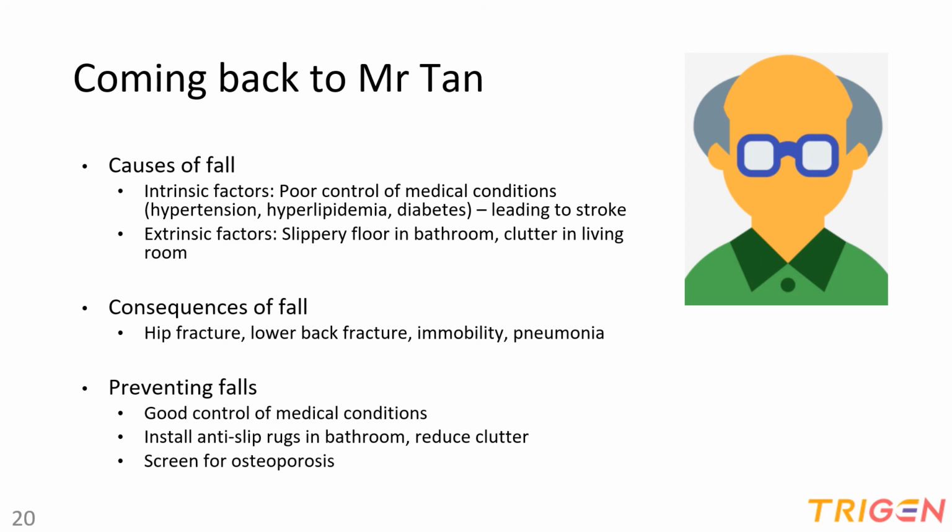In terms of preventing his 2 falls, it would have helped if he had good control of his medical conditions, including hypertension, hyperlipidemia, and diabetes, and took his medications regularly, saw a doctor regularly, and took care of his diet and exercise. He could also install anti-slip mats in his bathroom and reduce clutter in his living room. We could also screen him for osteoporosis to reduce the risk of future fractures.